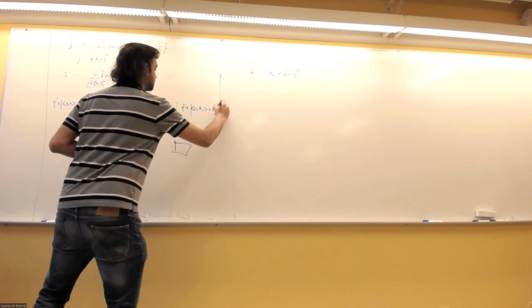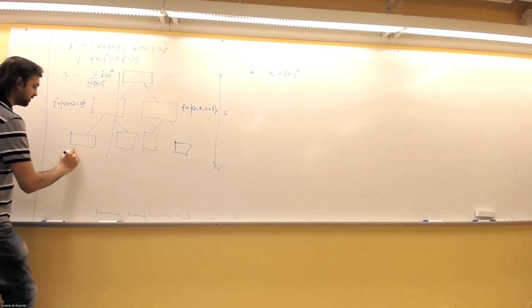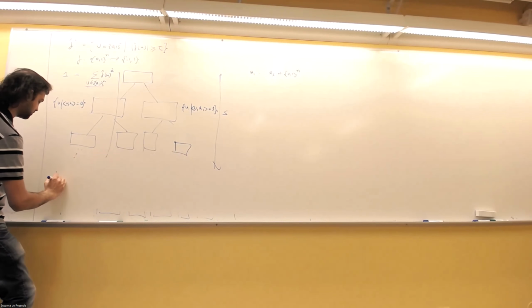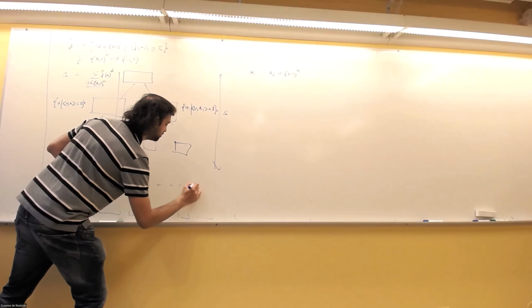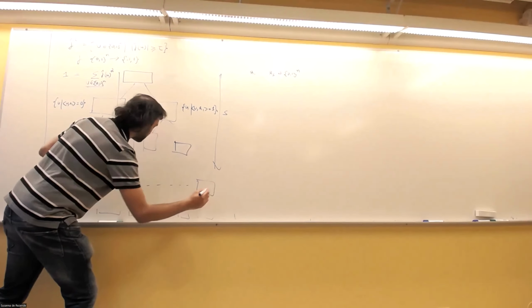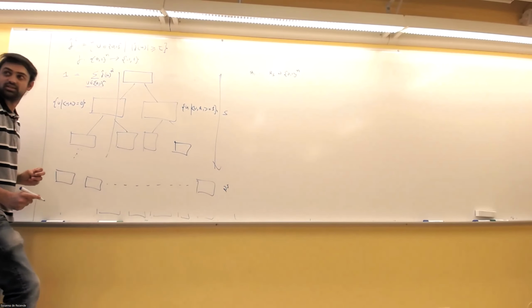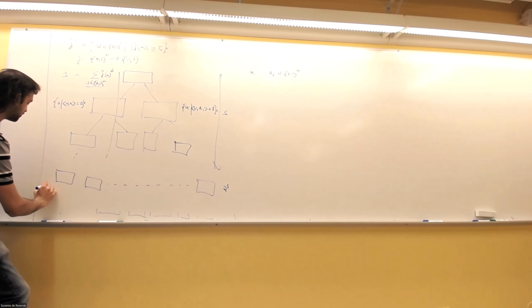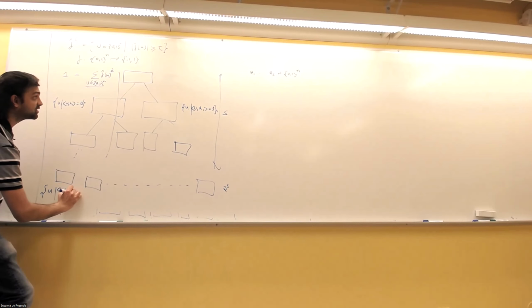And the depth is now S. In particular, at the bottom, I have 2 to the S many such nodes, where this one would be u such that u comma r1 equals, say, a1.